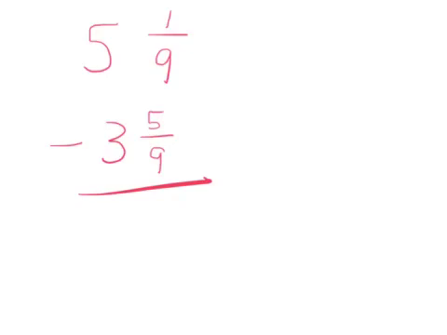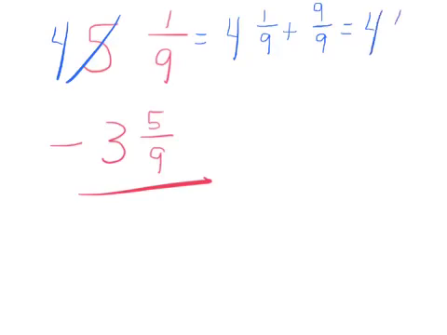So I'm going to take my first fraction here, and I'm going to change the 5 into a 4. So I have 4 and 1/9, and I'm going to add 9/9 because 9/9 is the same as 1 whole. And now this is the same as 5 and 1/9, but instead we rename it as 4 and 10/9.